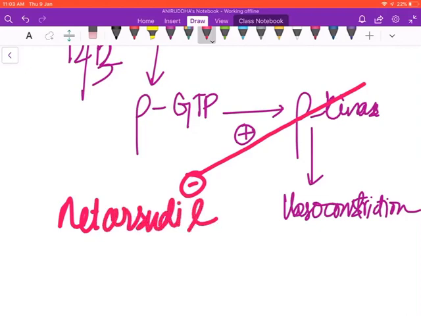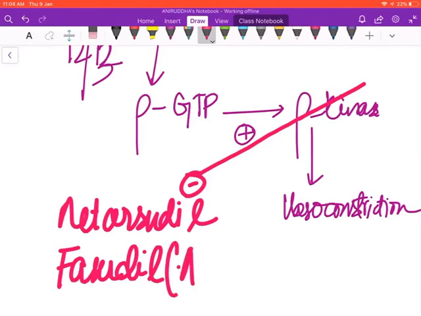And there is another drug known as fasudil, which is also a Rho kinase inhibitor, which is used in the treatment of angina.